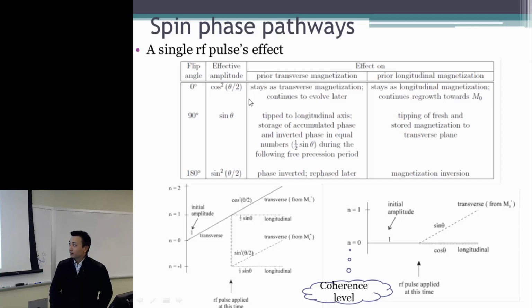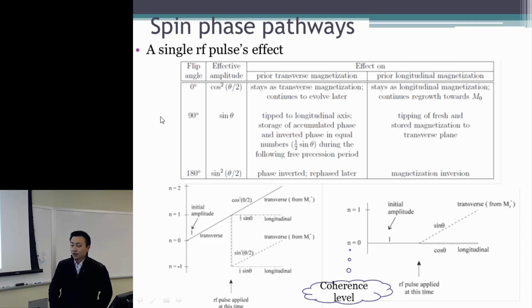The weighting, or the number of spins being affected by an RF pulse, is given by these numbers.